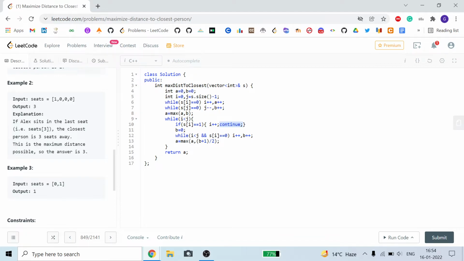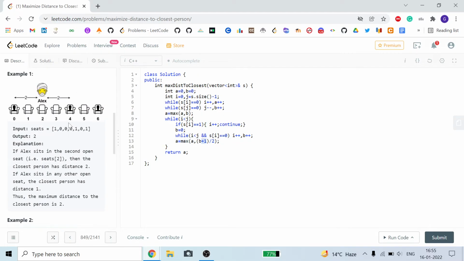Else, we initialize b with 0 and we run again a while loop while i is less than j and s[i] is equal to 0, we increment i as well as b. And then we take the maximum of a and (b plus 1) divided by 2 into a, and return a. Why do I do this plus 1?